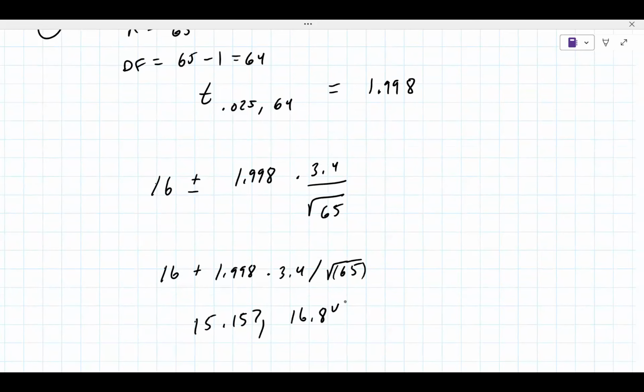I'll do that. I didn't write it down. I might have a slightly different value. Okay, let's see. Divided by 7. And then the lower one, I got 15.157.